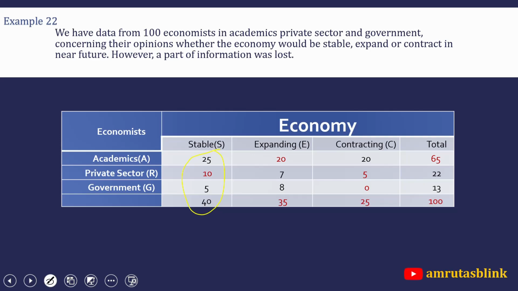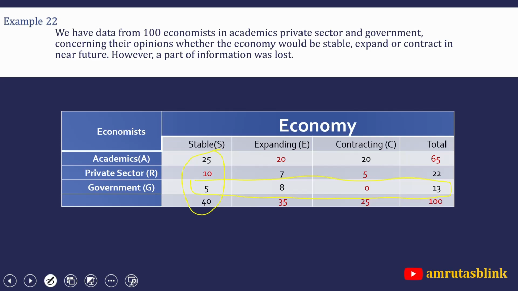So there are 10 employees from the private sector. Similarly, in the government row, it was given that there are 5 plus 8, and the total 13 was already given. So for contracting, 5 plus 8 plus x is equal to 13. That means for contracting there are 0 people.